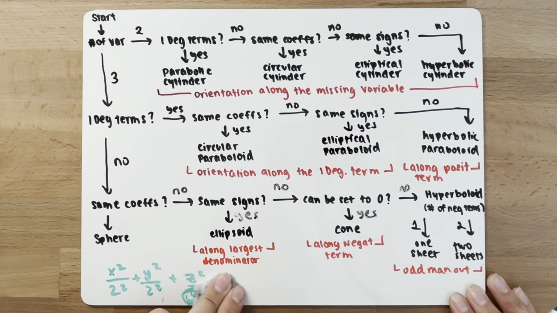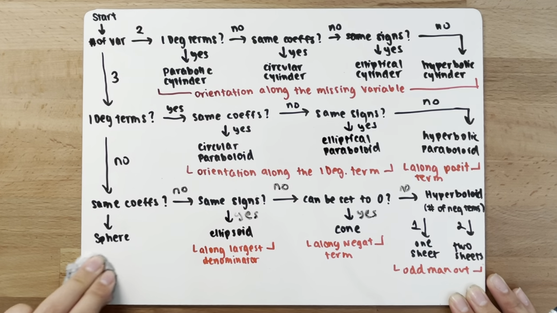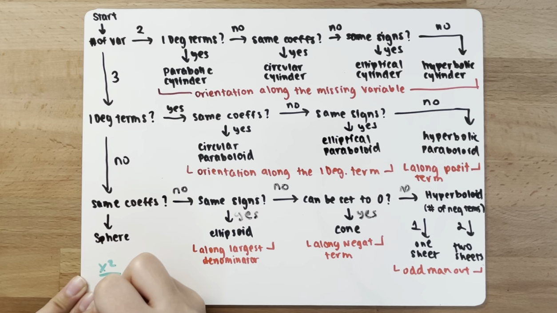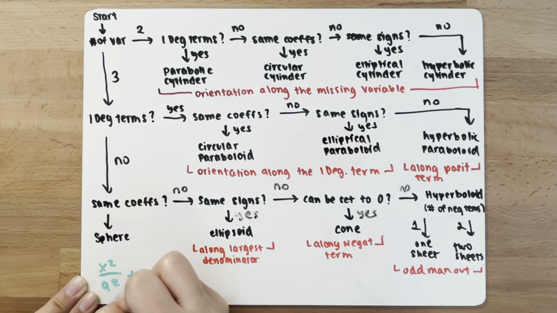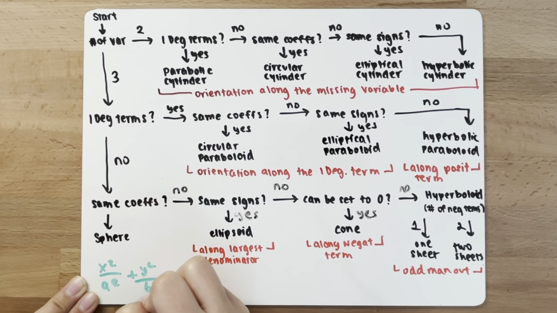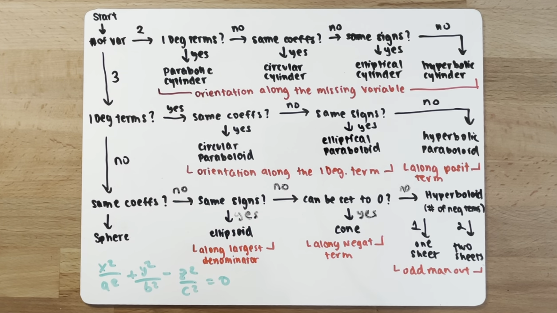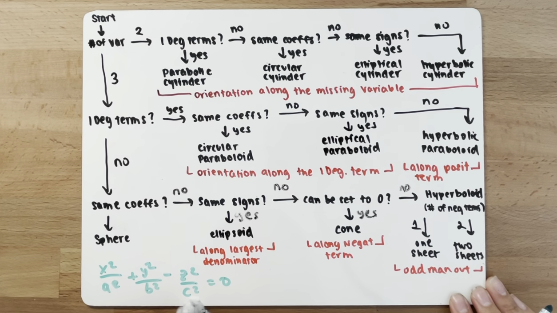And for a cone, the orientation will be along the negative term. So for example, if you have x squared over a squared plus y squared over b squared minus z squared over c squared equals 0, the orientation will be along the z-axis because the z is the only negative term.